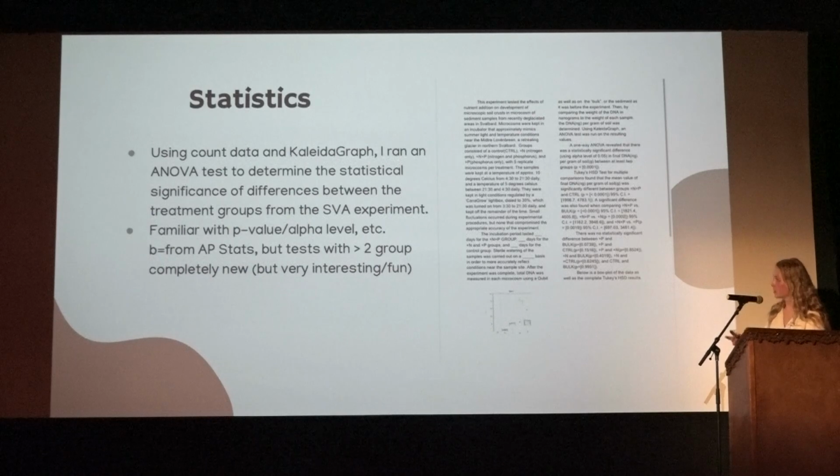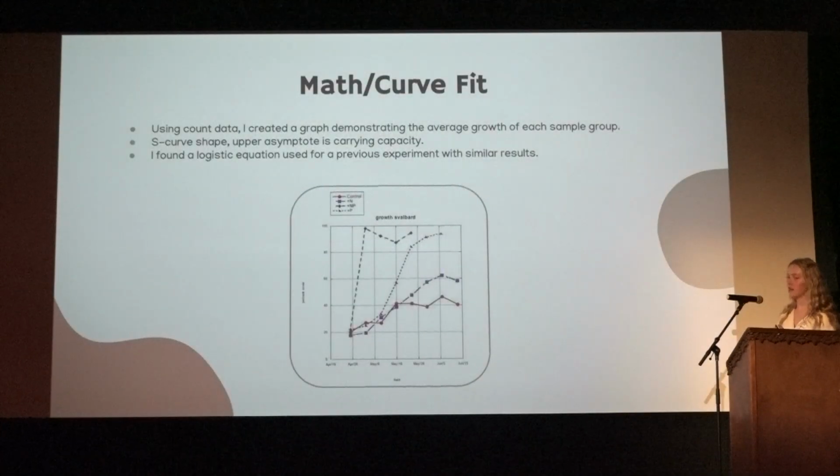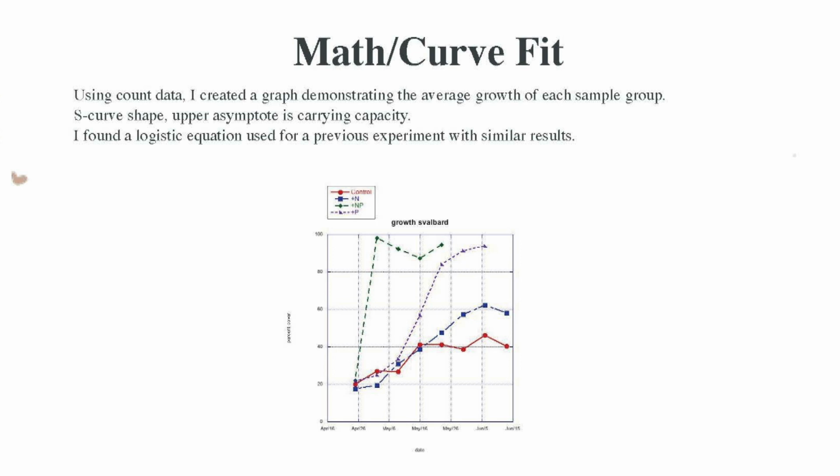I ran a multiple variable statistics test on the data and wrote up a little report comparing the different nutrients and how they interacted with the microbes in the sediments. And then I graphed the growth over time using the percent cover I talked about before.